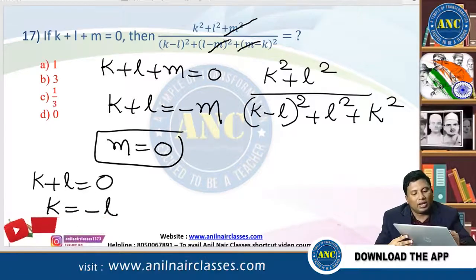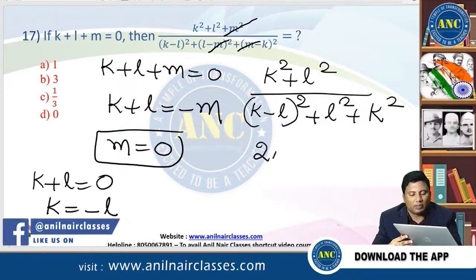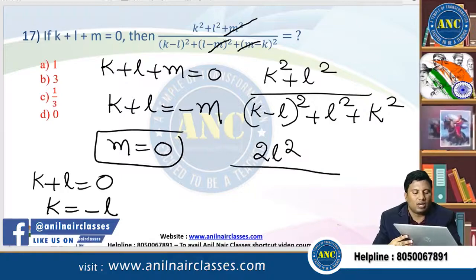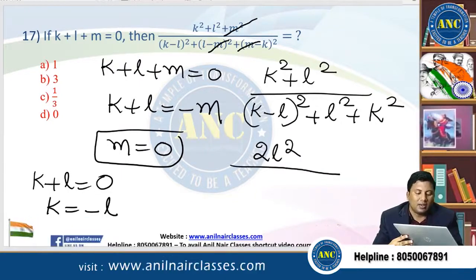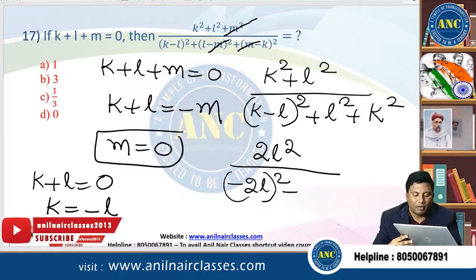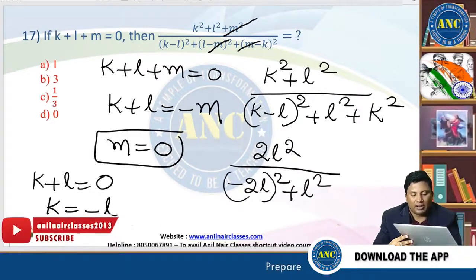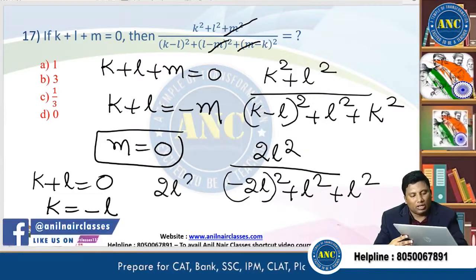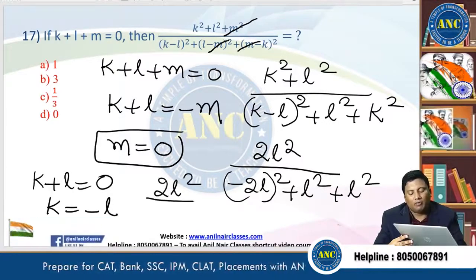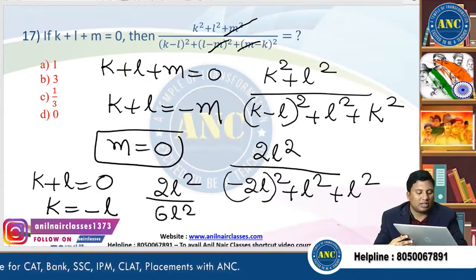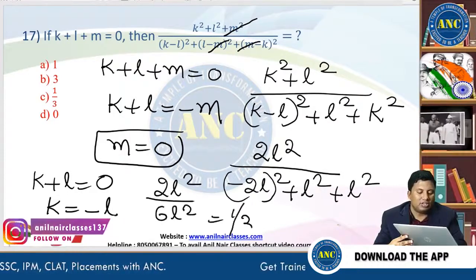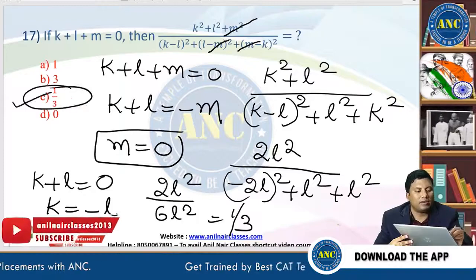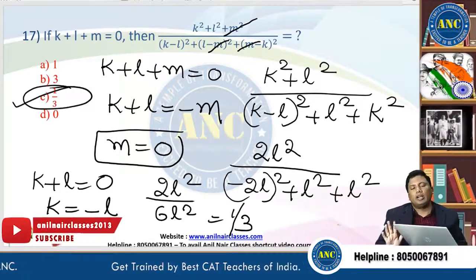K value is minus L. Minus L square plus L square, 2L square, divided by minus 2L whole square plus L square, K value is minus L, plus L square. So it is nothing but 2L square divided by 4L square plus 6L square, 6L square, which is nothing but 1 by 3. Idea clear?